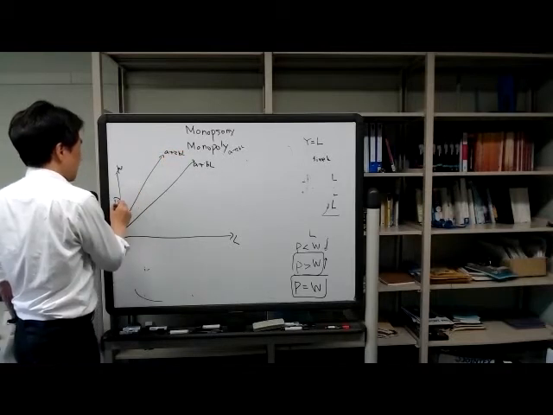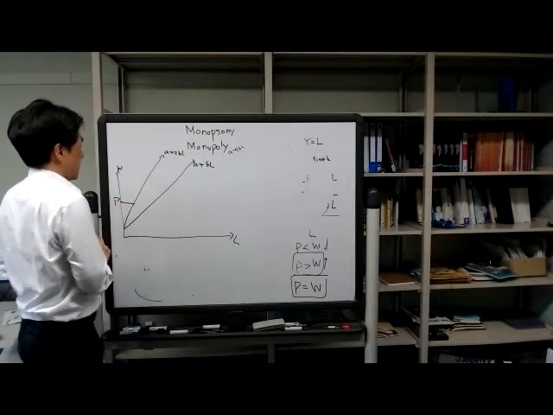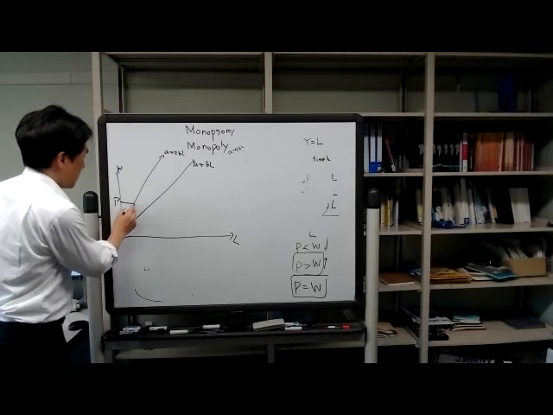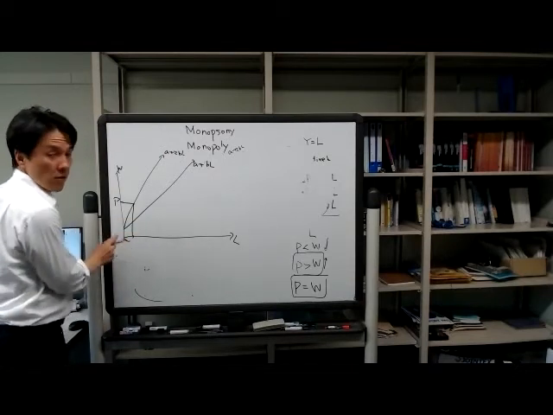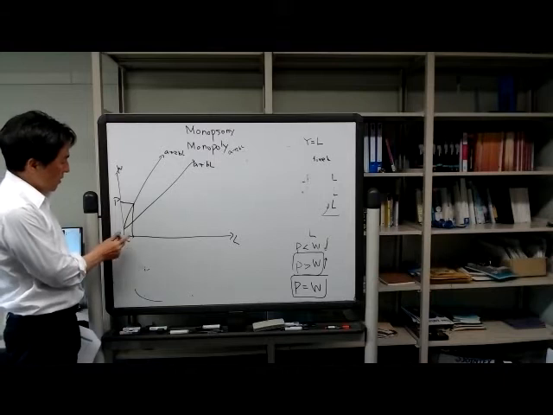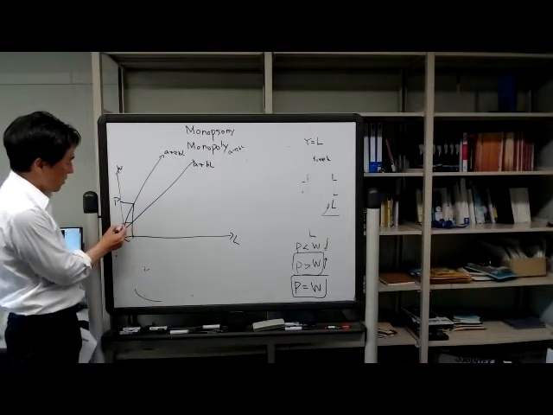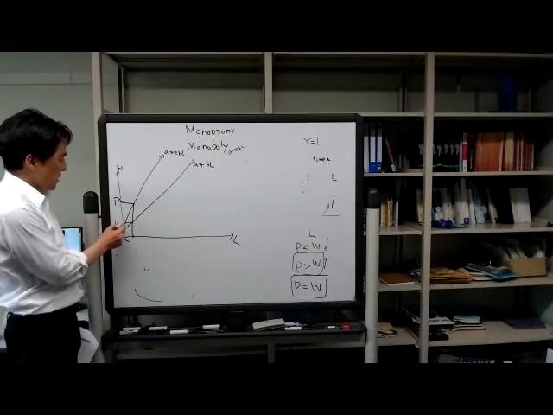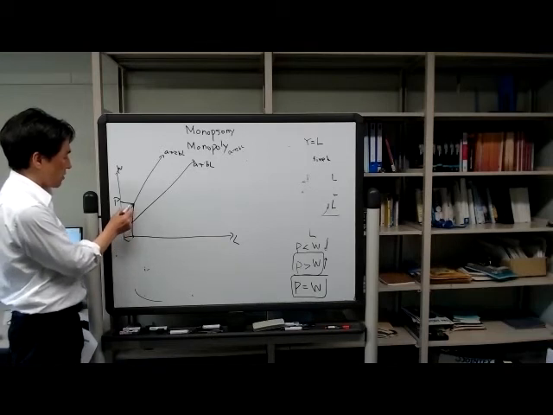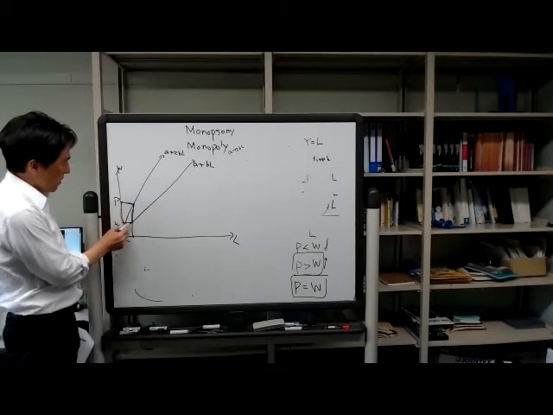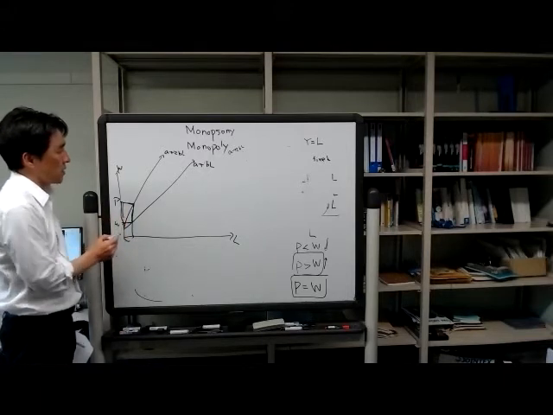So the company hires only this amount of labor, and workers only get this wage, right, and the profit of the company is here, and this is the consumers' gain, this is the producer surplus.